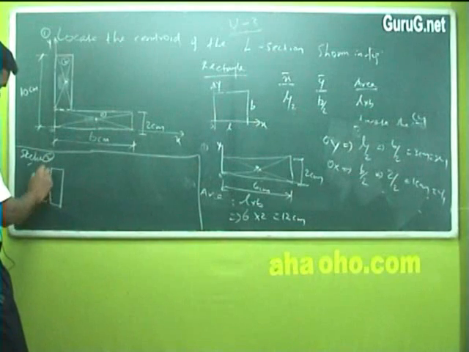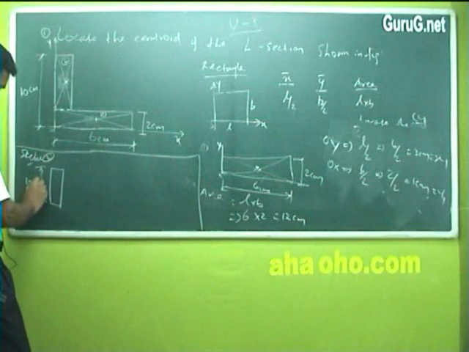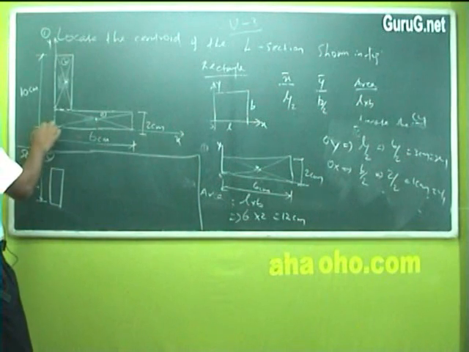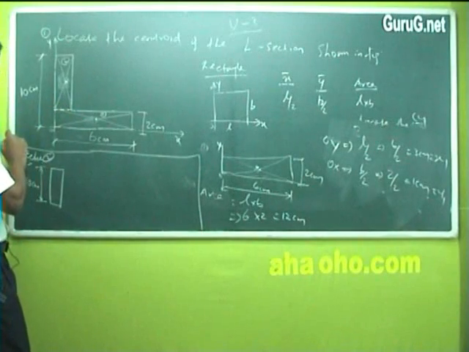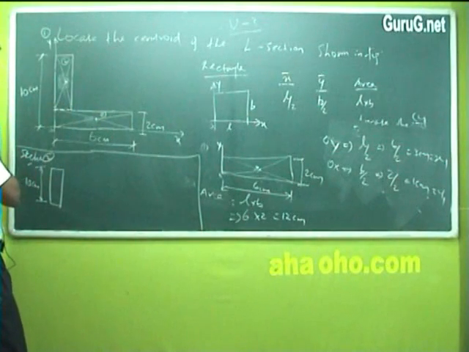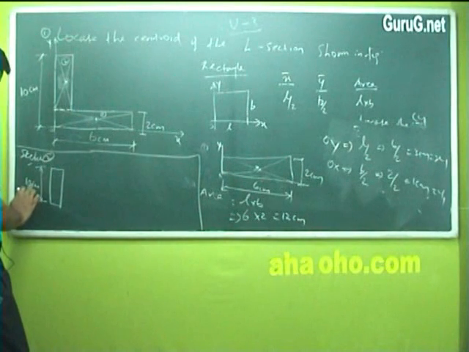The total height is actually 10 centimeter, but I have divided this in the center, which means the 2 centimeter I have reduced. So this is not 10 centimeter, this is 8 centimeter.